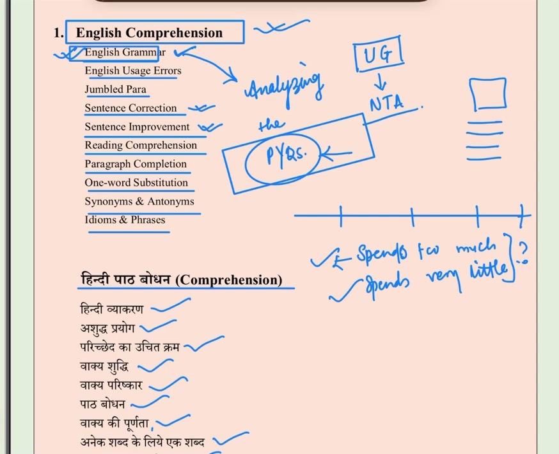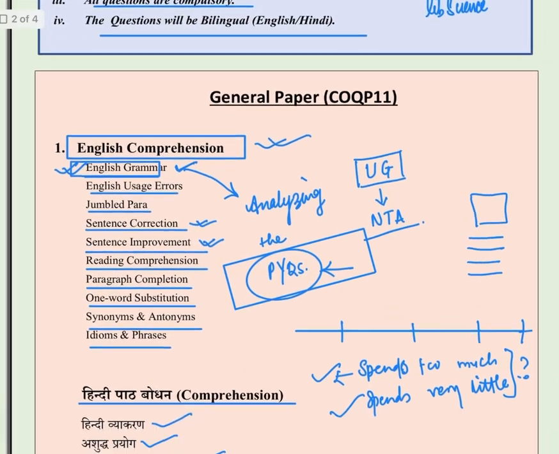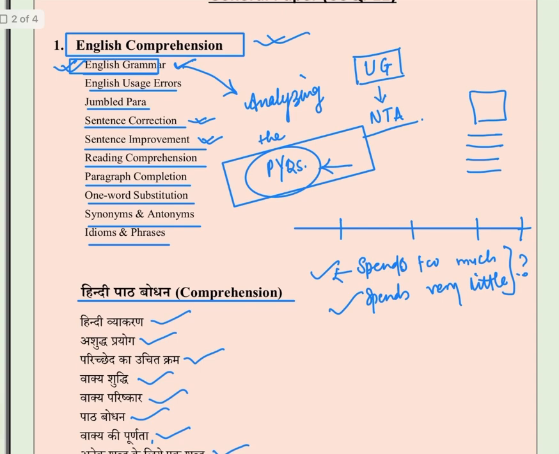Be it a student from commerce background, science background, or library science background, they all have to prepare for the same thing, this general paper. So any book of that sort will suffice.